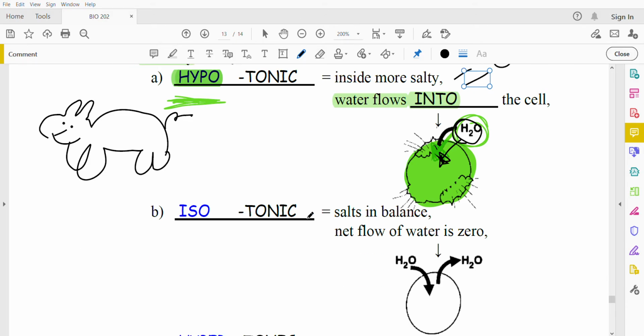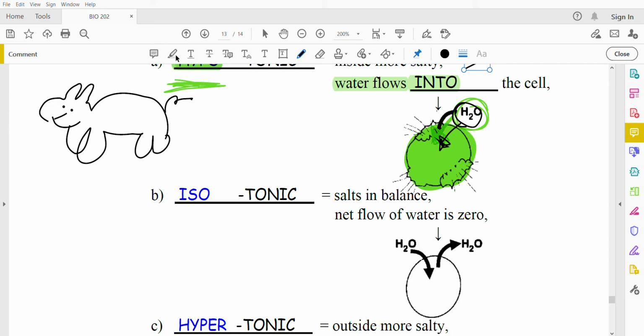Well, the next example of tonicity that we discussed were isotonic cells. I think that my mnemonic for you was iso-perfect.